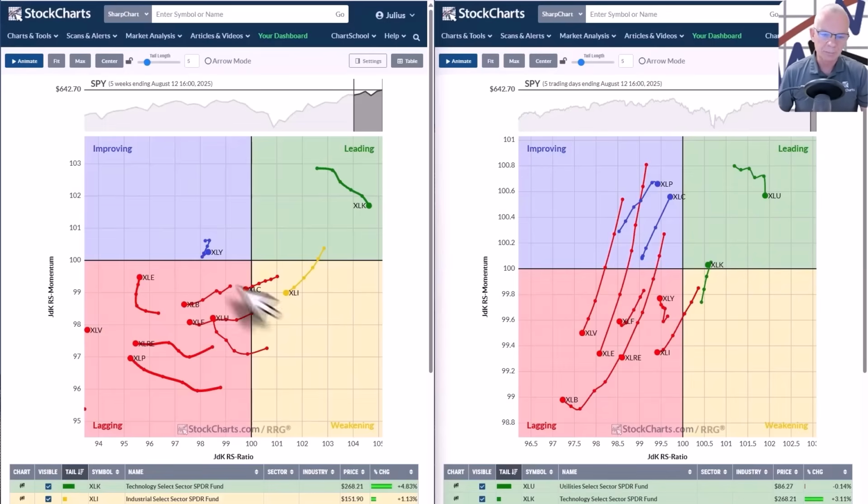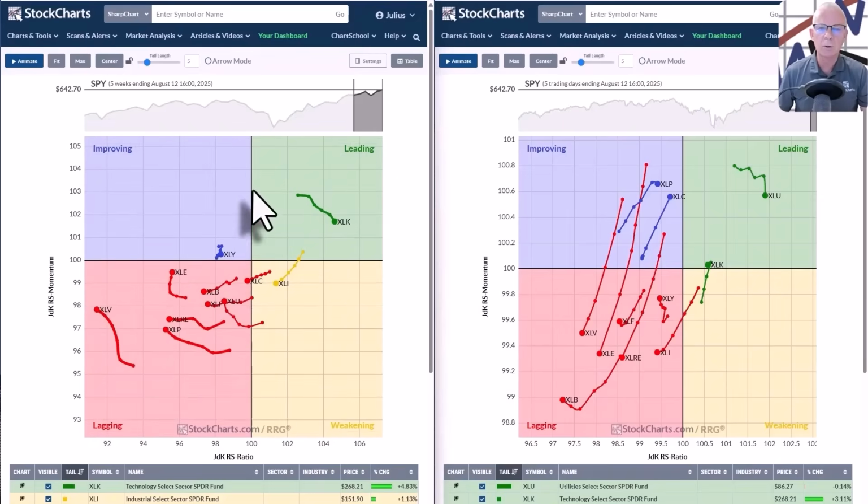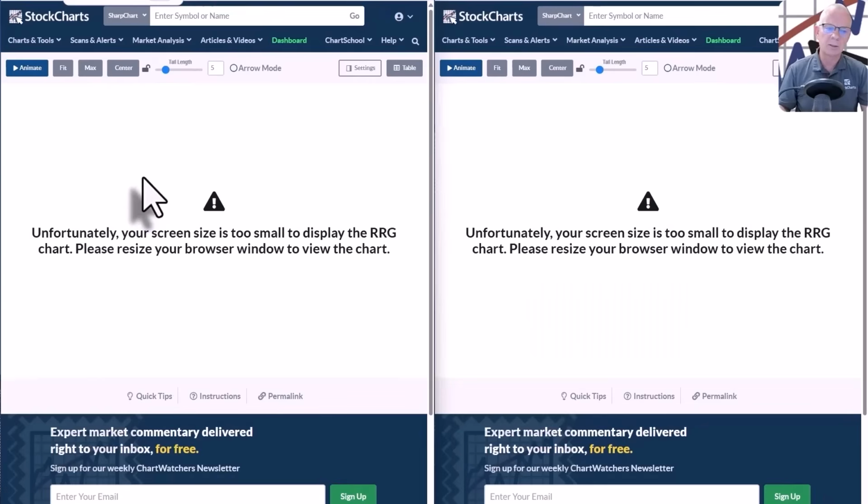There's one caveat that I have to tell you, because I had to shrink my browser. If I set my browser to 100%, you will see that the screen size is too small. That was done because the new version of RRG needs a lot of screen real estate, especially on phones. But this is an unexpected side effect, and we need to go and address that, and we will.